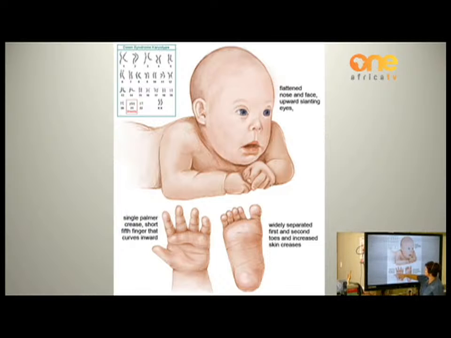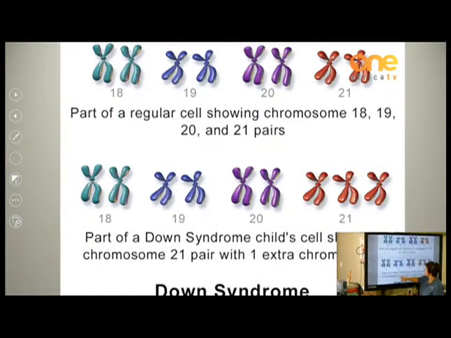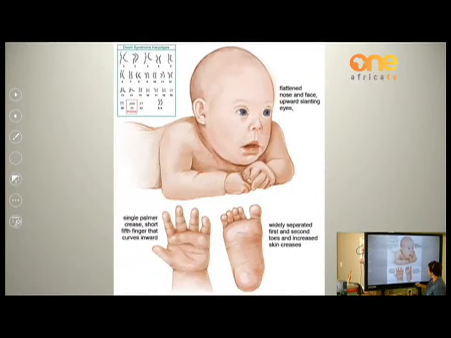That is also an interesting fact of Down syndrome. The toes are widely apart, first and second toe, and lots of creases on the foot is a sign of Down syndrome. But what is different in the Down syndrome? It is pair number 21.